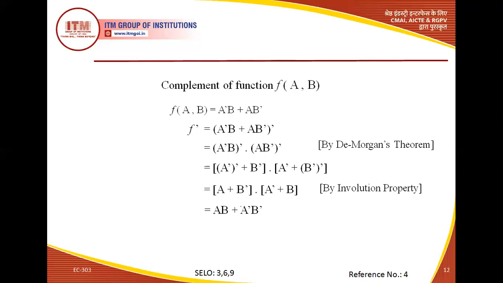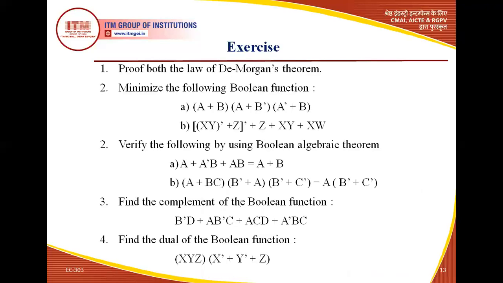So we see that the dual function of the given Boolean function is equal to the complement of the function. In such a manner, we can find the dual and complement function of a given Boolean function.